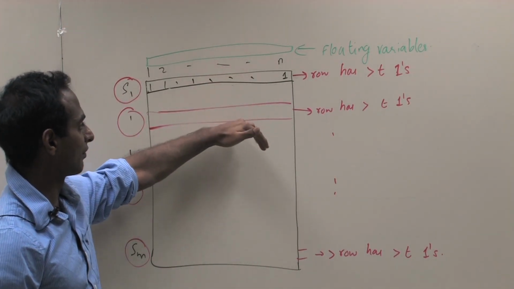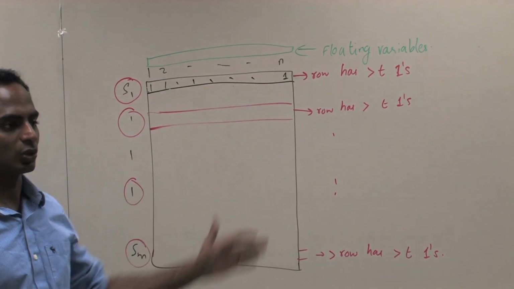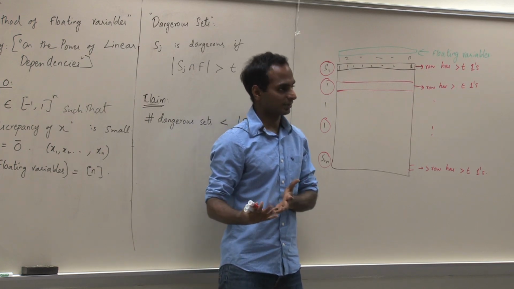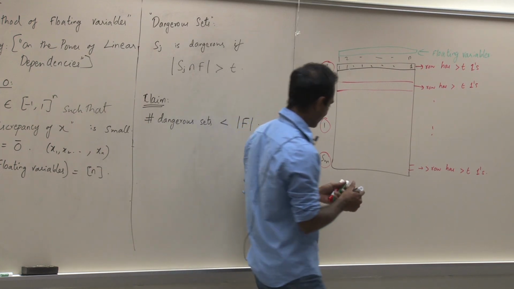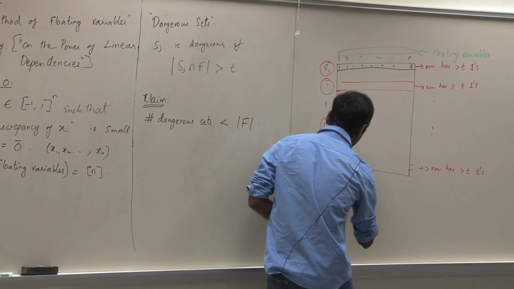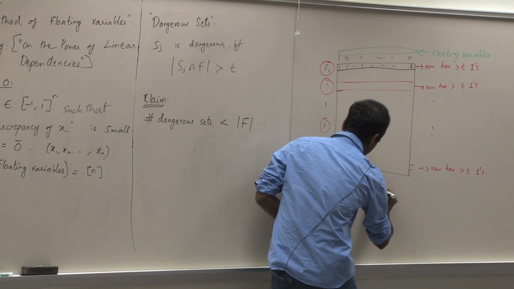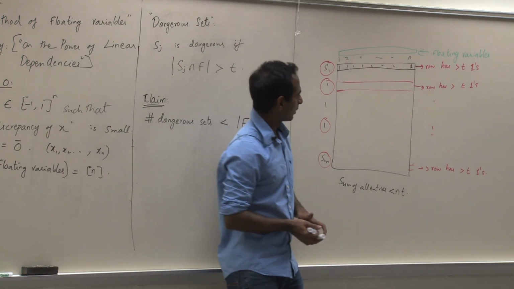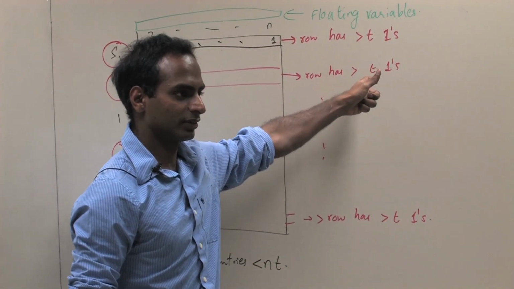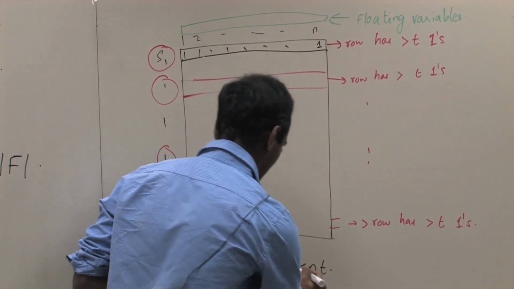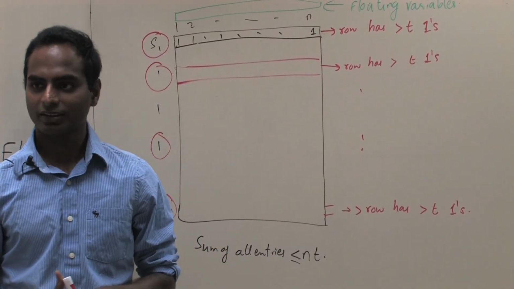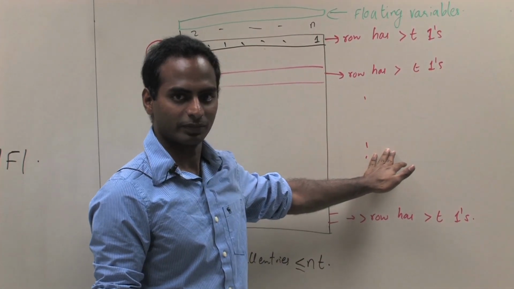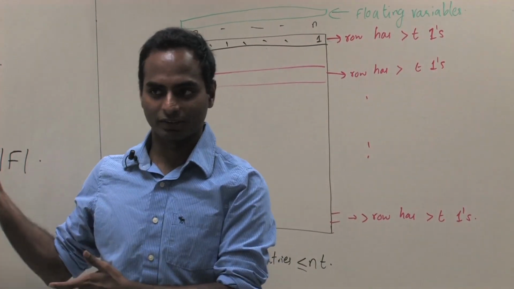If I sum up all the ones in this matrix, what is the total? So the total is at most something. What is the at most something? T times n, right? So the sum of all entries is at most n times t. Okay, but each row here has more than t ones, right? The total is less than or equal to n times t. This is important. Okay, so the number of such rows must be less than n. Okay, so that's the proof when f is everything.